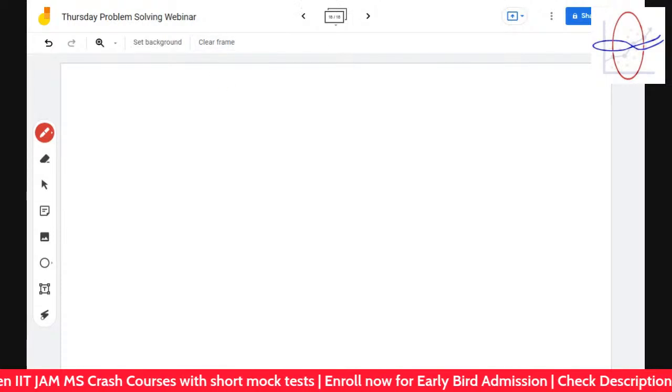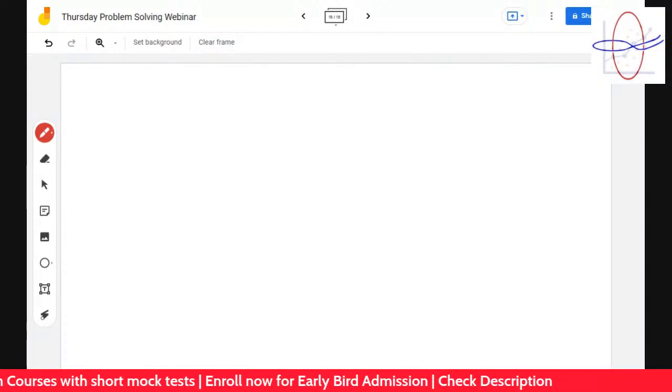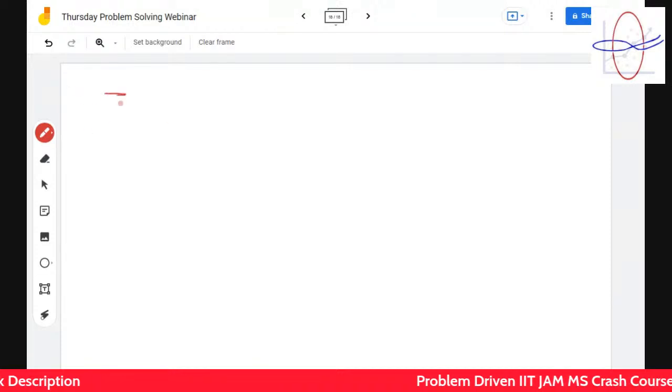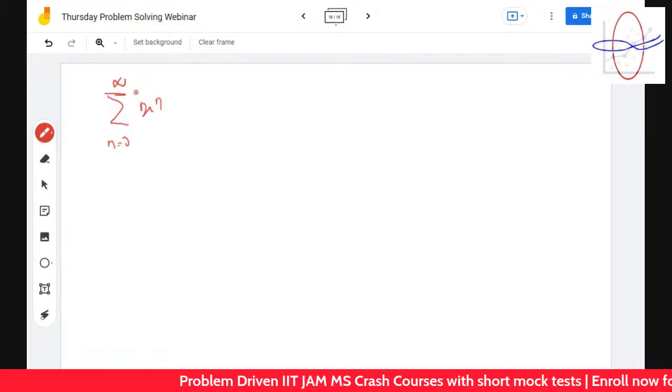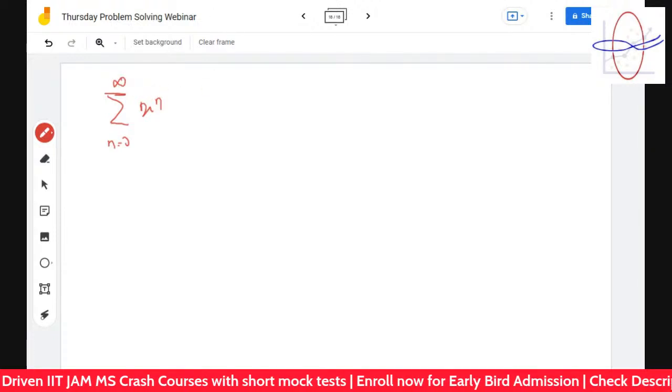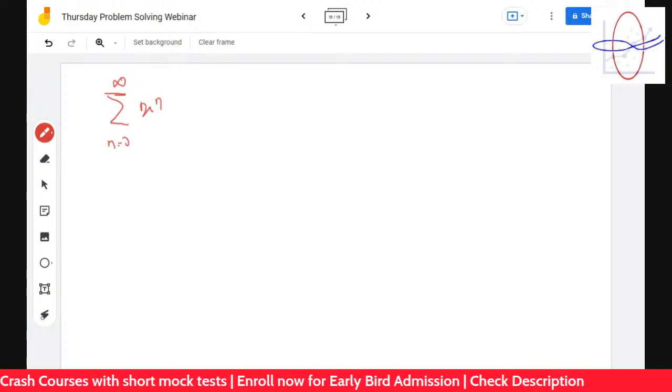Let's apply this with the basic geometric series, summation of x to the power n from 0 to infinity. The radius of convergence, you know, is 1, right? And how do you show that? You just calculate this.